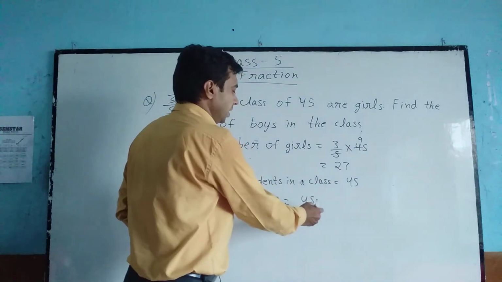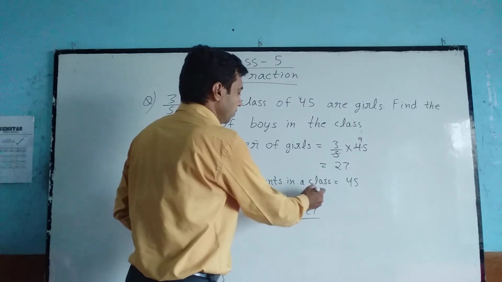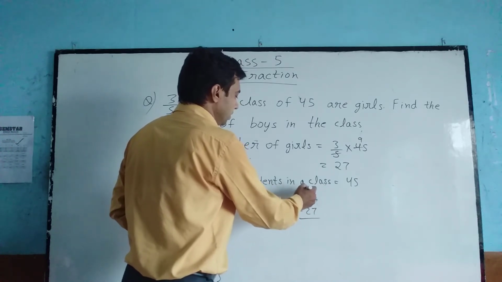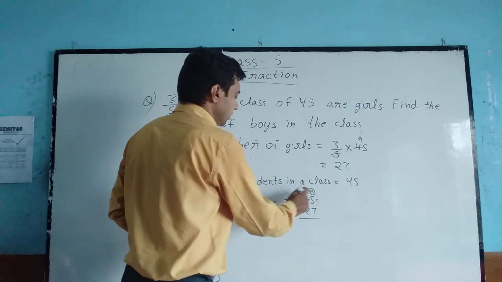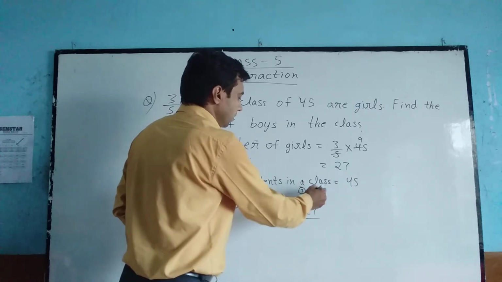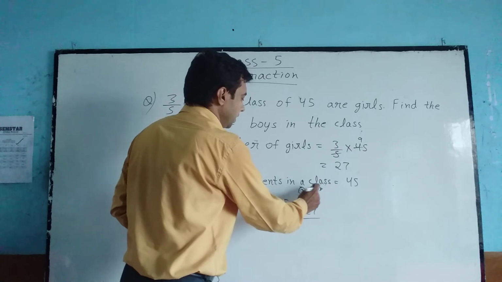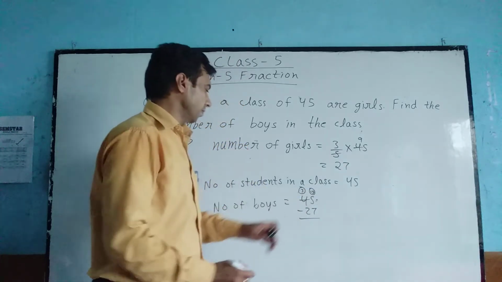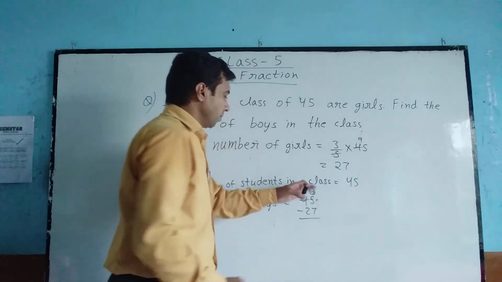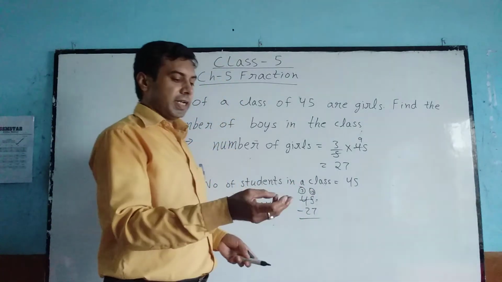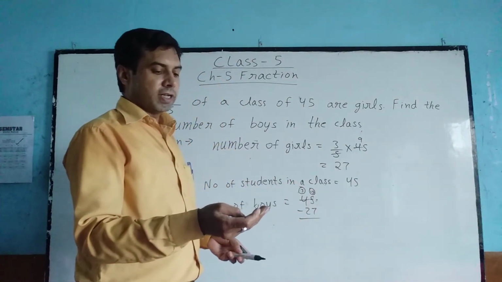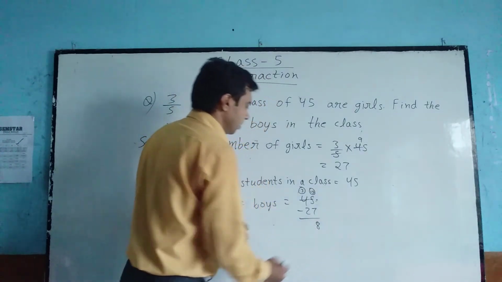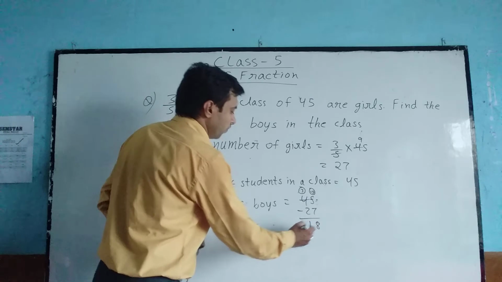Number of boys 45 minus 27. This 5 is less than 7. So what we do? We borrow 1 from this. 4 has become 3. This has become 15. 15 minus 7, 8. 3 minus 2, 1.